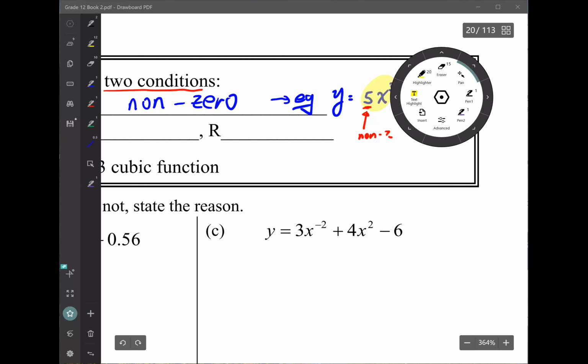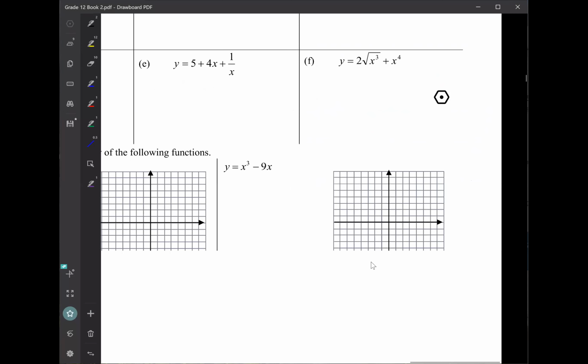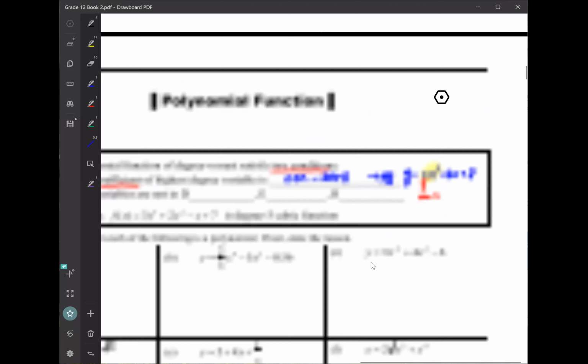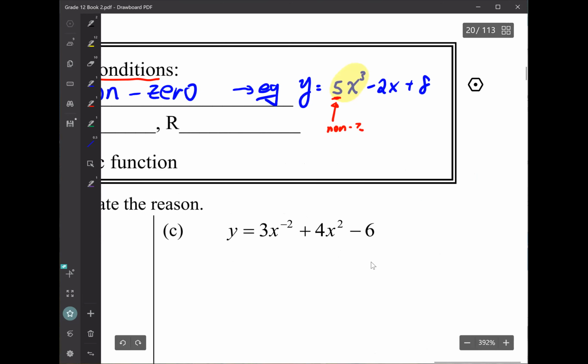Okay, so can you guys all see the screen now? Can you raise your hand if you can see the screen? Yeah, okay.